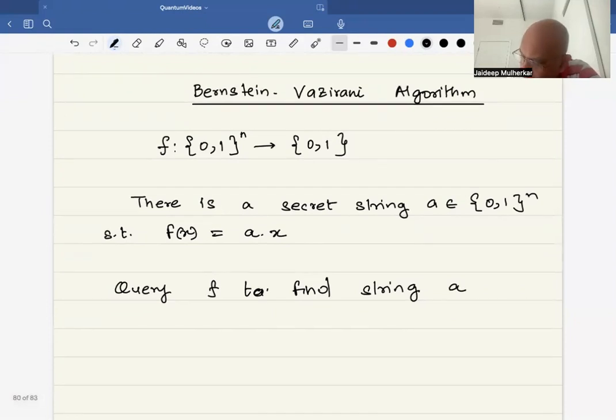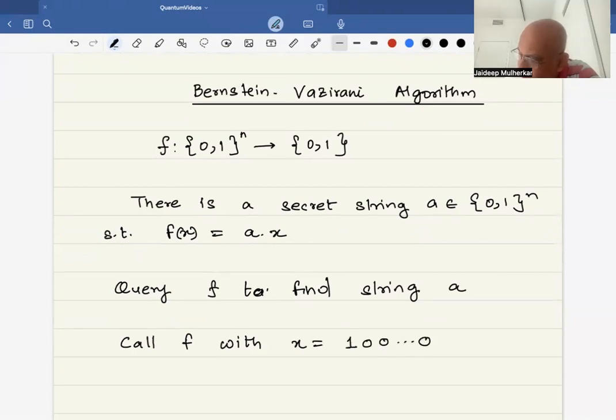Call the function f with x equal to 1 in the first position and 0 everywhere else.